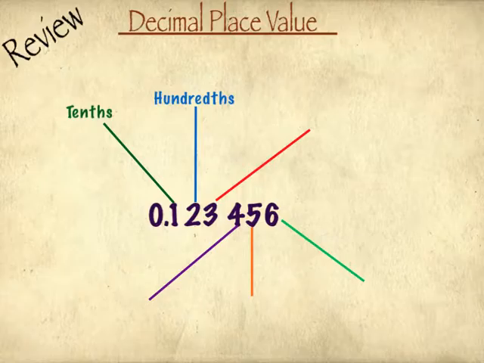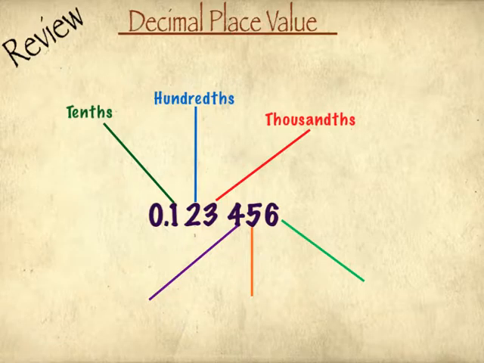I'm going to stop drawing now. We're pulling up pictures because it's going to start getting really small. The next place value, the 3, is the thousandths. If I did draw a picture, I would be dividing that into 1,000 little squares. Then it keeps going exactly the same as it does on the other side of the decimal place.